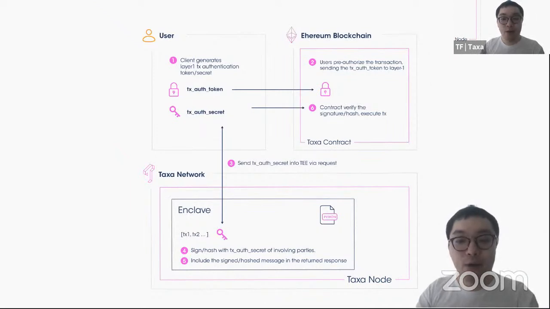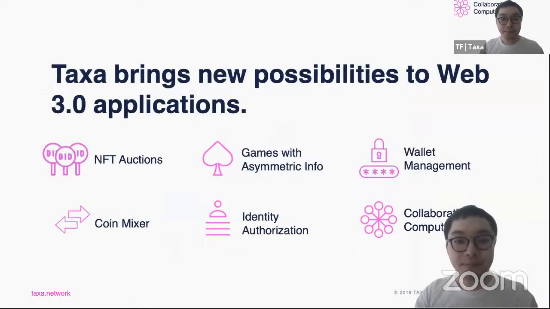And also in our roadmap, we are planning to use Polkadot for the message broadcasting using a cross-chain messaging system. And Taxa network will enable a lot of new use cases for blockchain, involving interactive, privacy-preserving, and computationally performant applications.